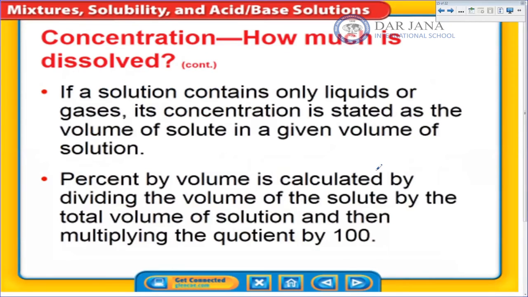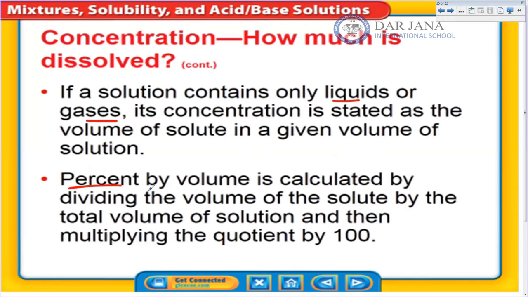So if a solution contains only liquid or gas, its concentration is stated as volume of solute in a given volume of solution. So we state that the concentration is volume of solute in a given volume of solution if the solution is a liquid or gas.